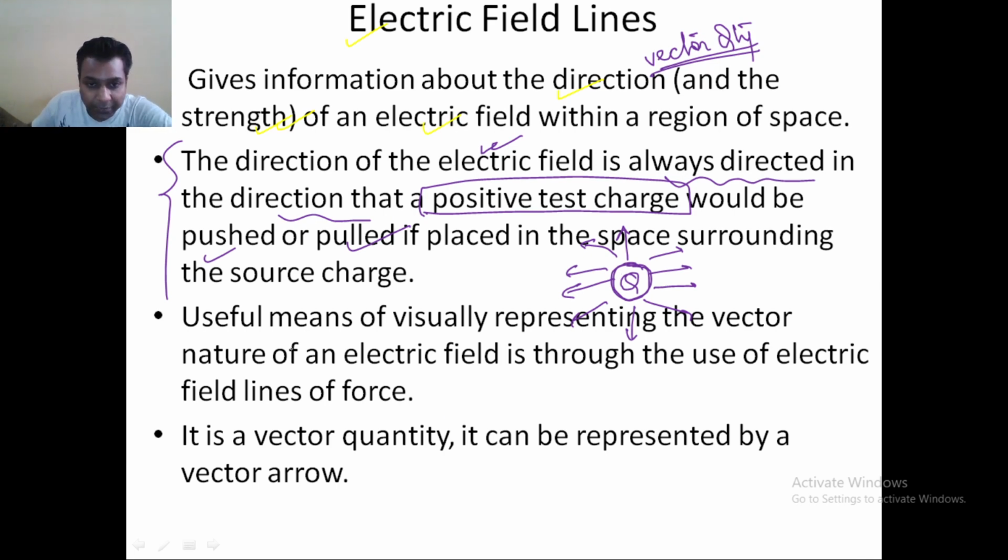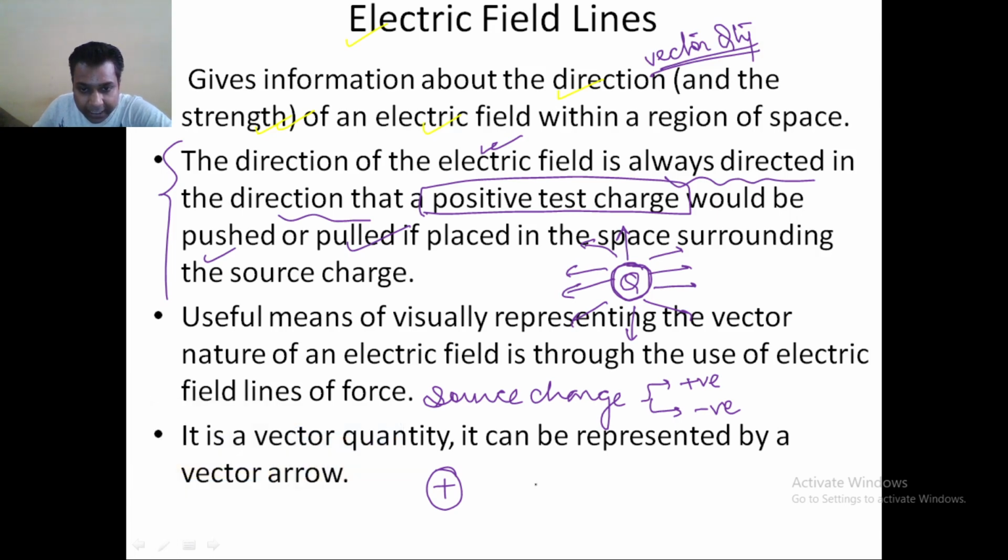Let me explain this point. First, try to understand the source charge. The source charge can be positive and it can also be negative. If I take the source charge as positive, and I take a unit positive charge here as my test charge, then when you bring this positive test charge closer, they are the same charges, so they will repel each other.